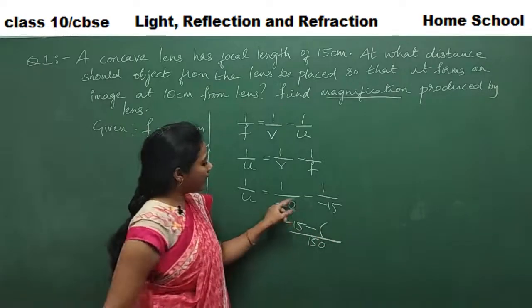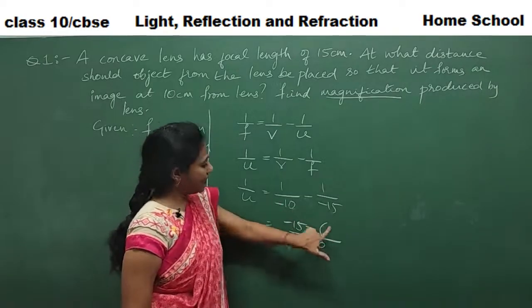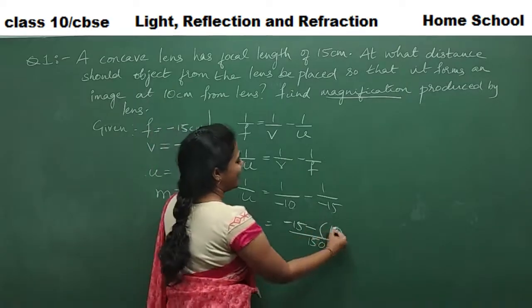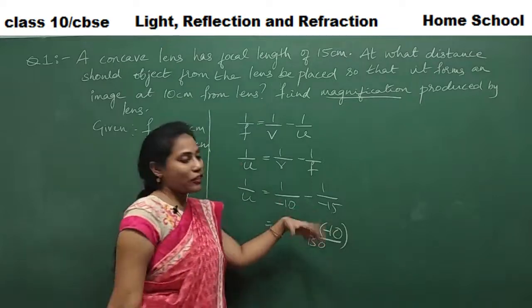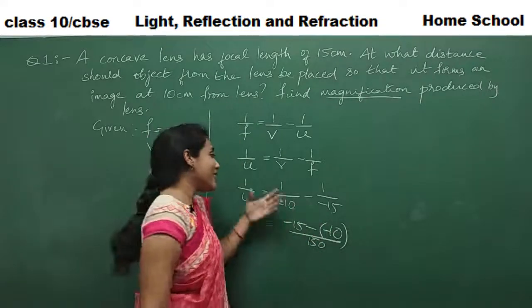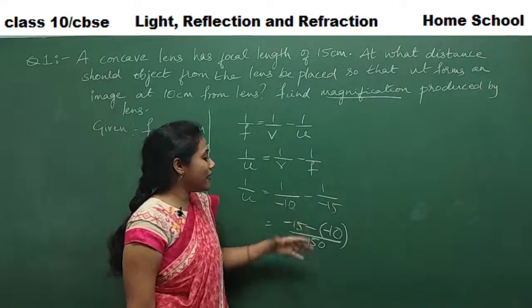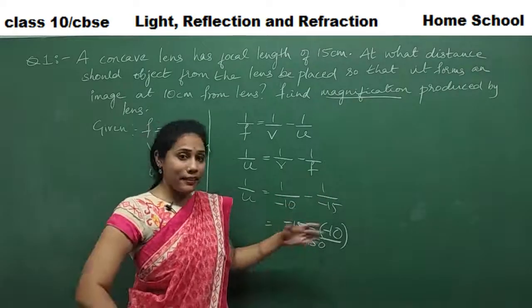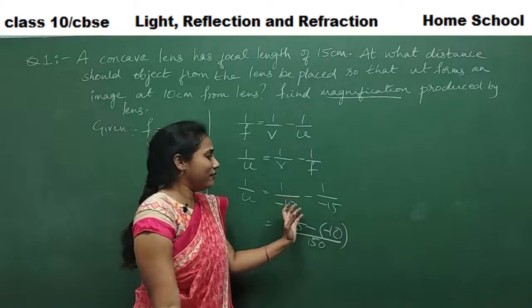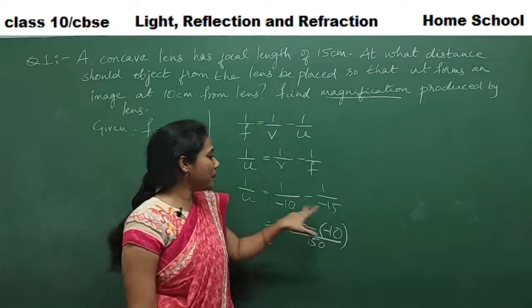Minus of whatever the digit is there on this side, write on this side. So what is that? 10. What is the sign here? Minus. This is just a cross multiplication method. Instead of selecting a number for LCM and then thinking with what it will get multiplied, rather than that, I feel this is much easier. Just multiply this with this.